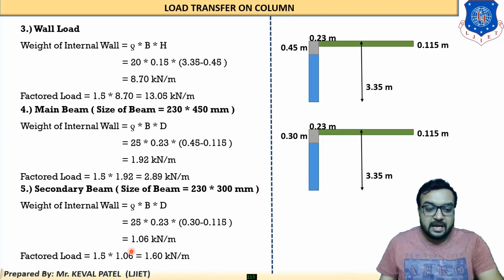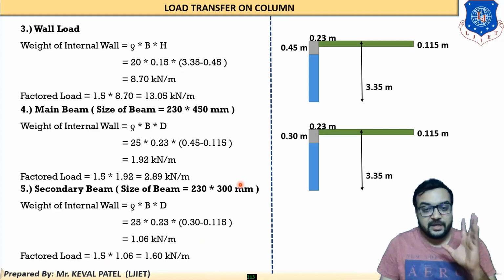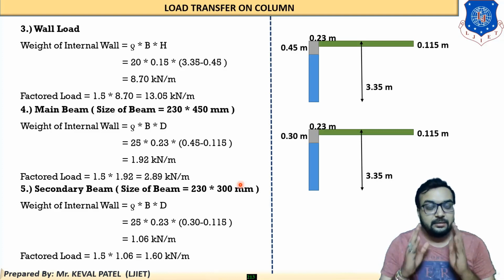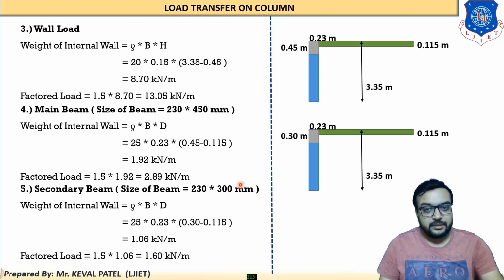After finding all the loads, our load calculation of the 5 main members is complete. But how do we transfer the loads, since we calculated them in kilonewton per meter square and kilonewton per meter? How to convert to kilonewton we will discuss in the next lecture. Thank you.